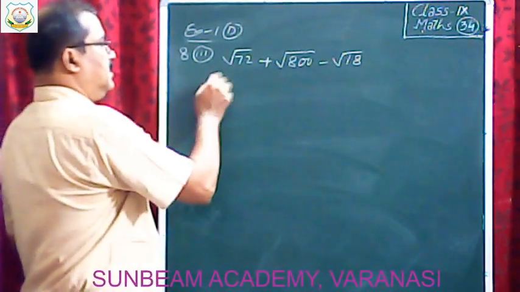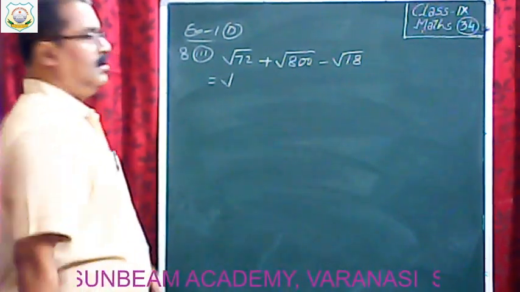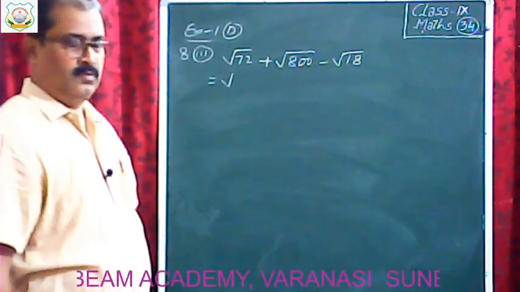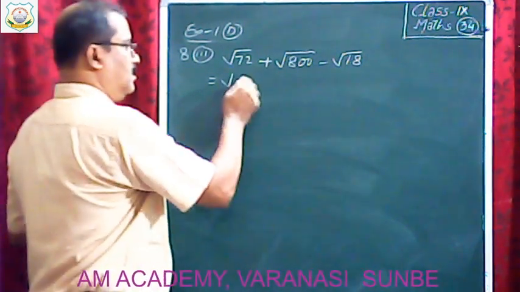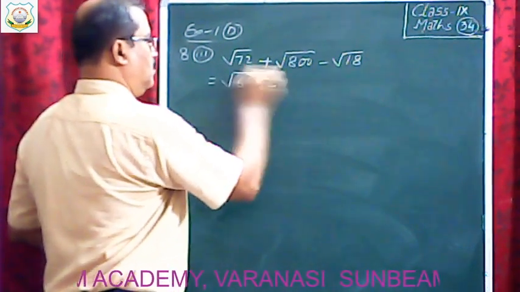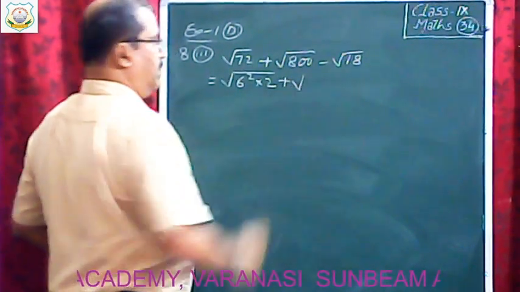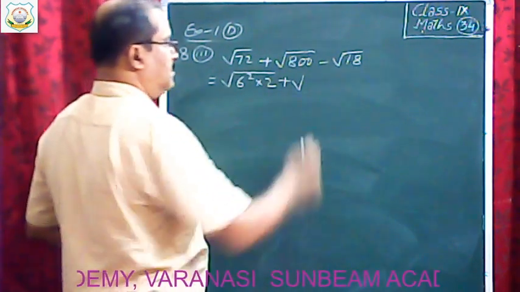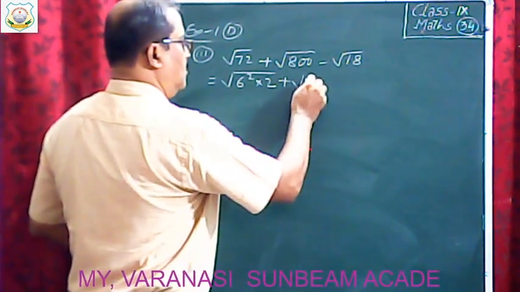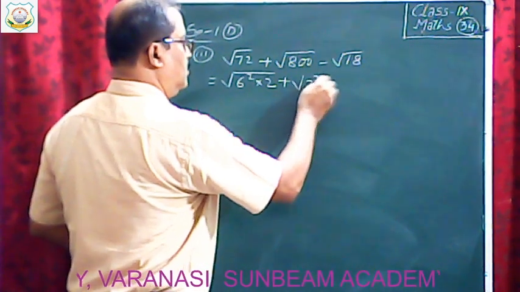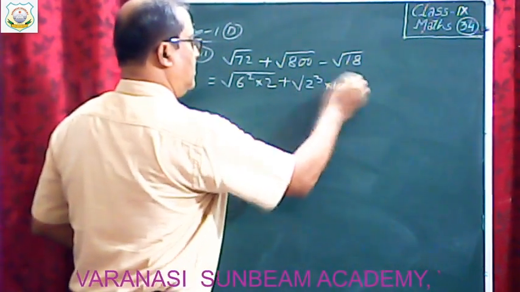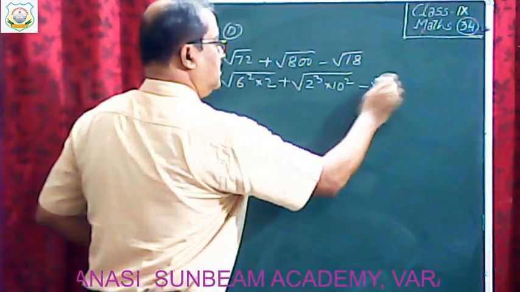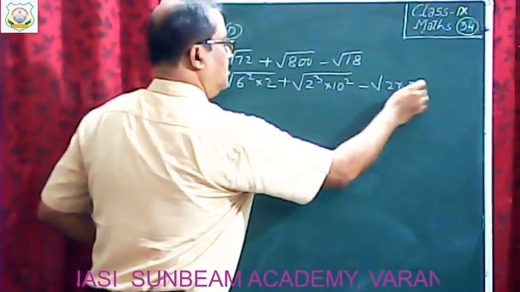Square root 72 means 6 square into 2. 800 means 2 cube into 10 square. 18 means 2 into 3 square.